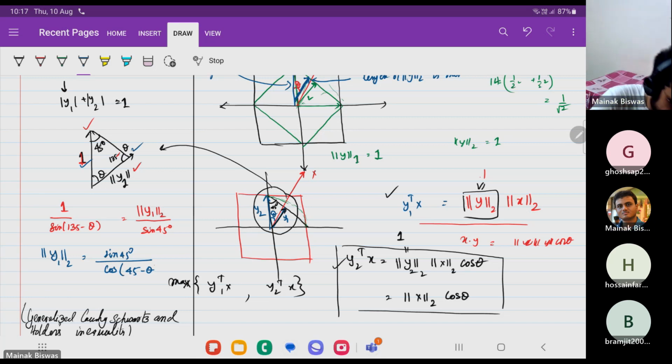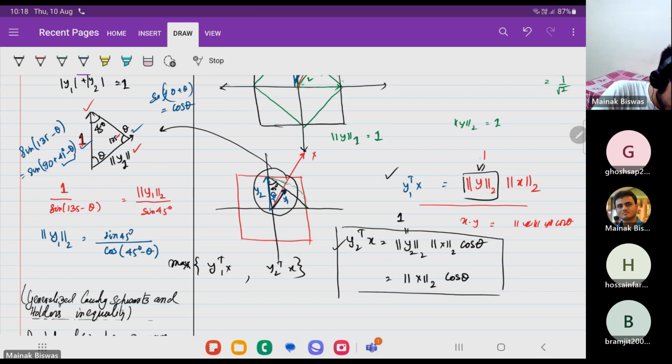Is it okay? The only reason I skipped this step is because I thought that you know geometry of class 9, 10, 11, 12. So sine of 90 plus theta is equal to cos theta. Yes or no?